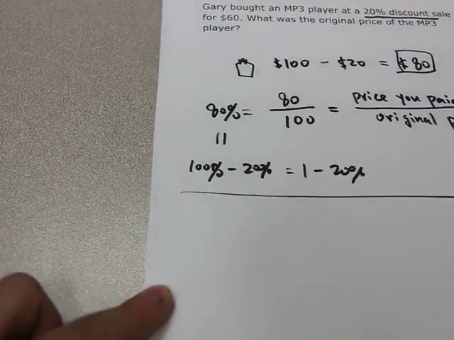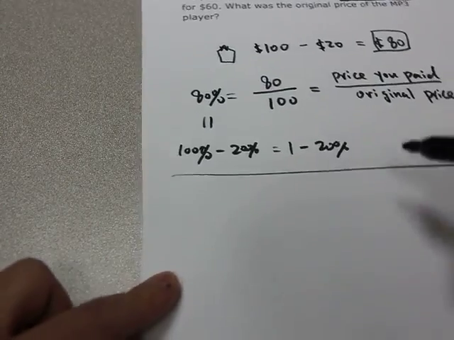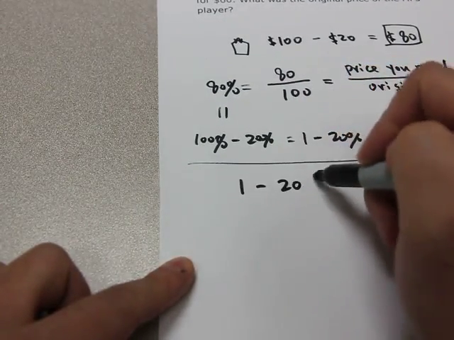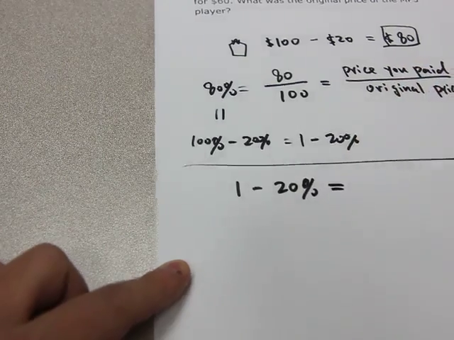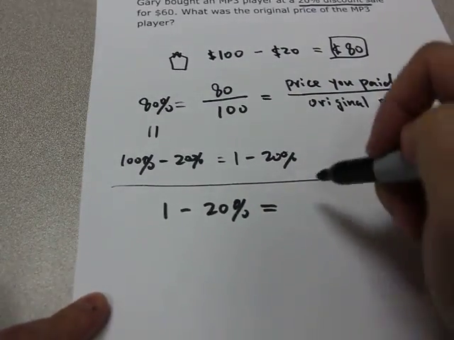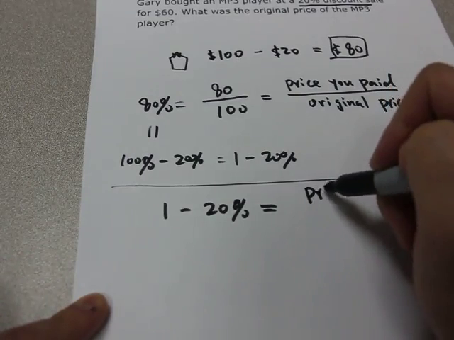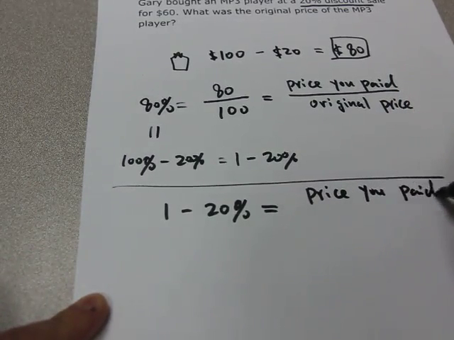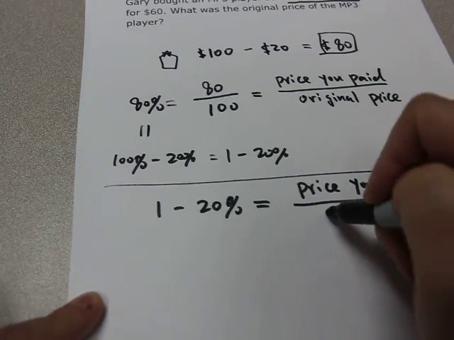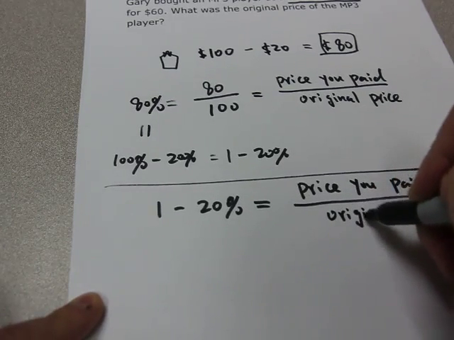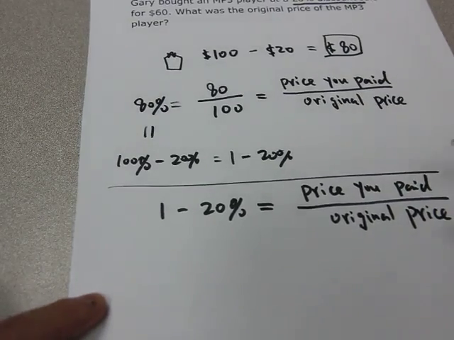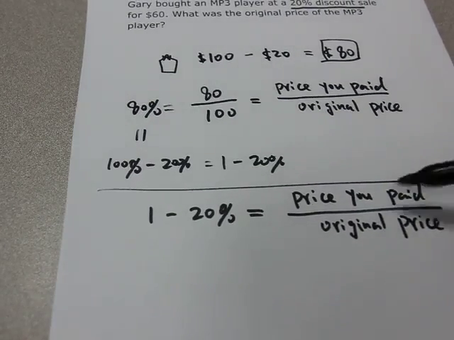So, in summary, 1 minus this discount should be equal to the ratio of the price you paid to the original price.